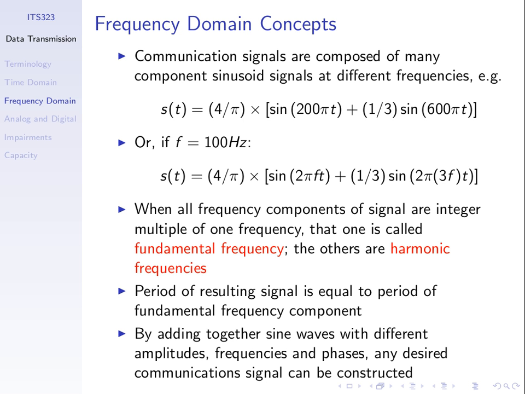So it's a plot of the frequencies and their corresponding peak amplitudes. Whereas the plot in the time domain is a plot of the amplitude against time. And we have a second component which has a frequency of 300 hertz and a peak amplitude of 1/3 of 4 on pi. So in fact, it will be 1/3 of the height of this one, which is about here.